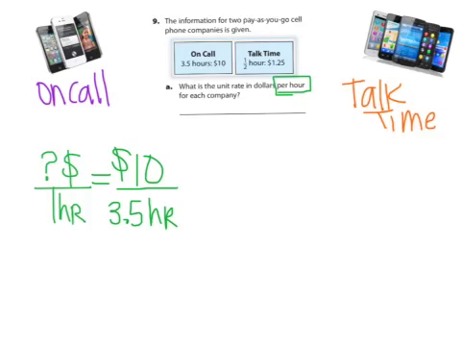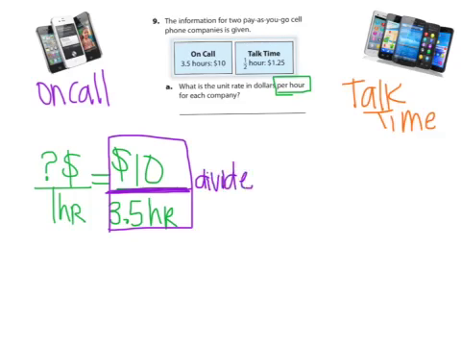To solve this, we are going to focus on just this part. I said this line doesn't always just mean a fraction. It also means divide. The top number goes first: 10 divided by 3.5.